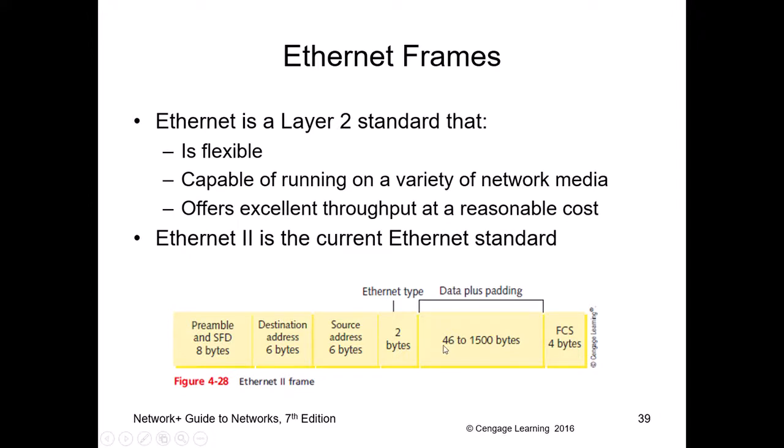You add some zeros till it comes up to 46. So if someone asks you, what is the minimum packet size that can be encapsulated in an Ethernet frame? The answer is 46. What's the maximum packet size that can fit into an Ethernet frame? The answer is 1,500 bytes. Together, by the way, they are called MTUs, right?